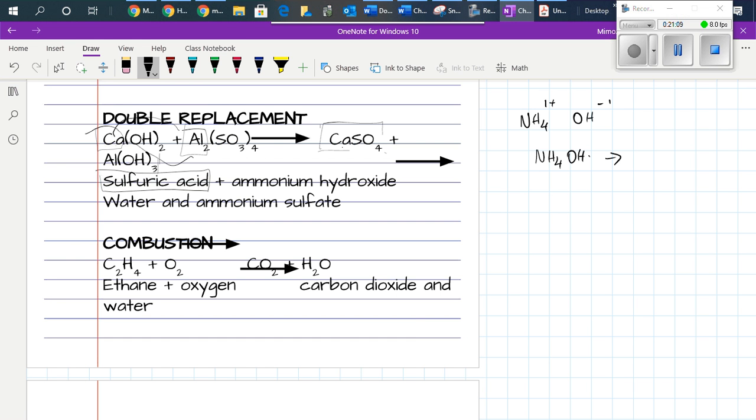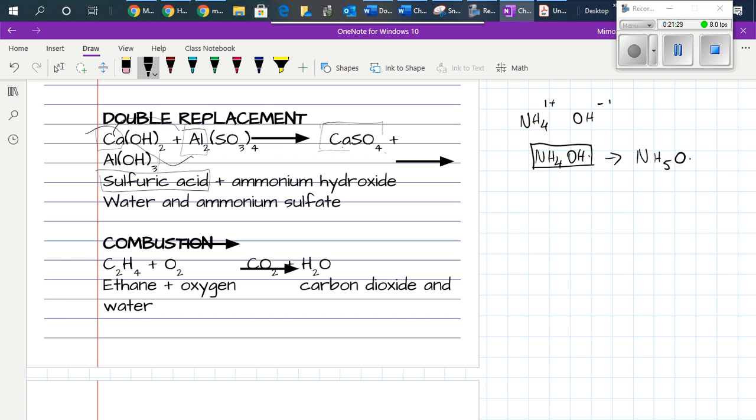In some textbooks and sites, if you search it, you will see it as NH5O, but this will show more understanding than what you may believe.